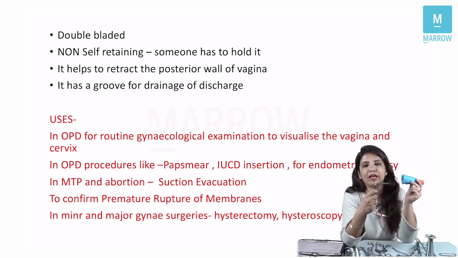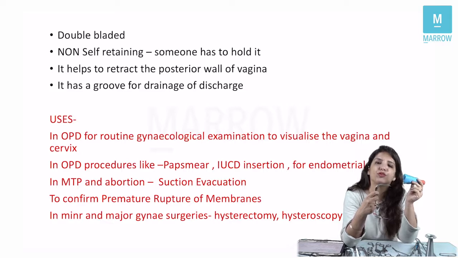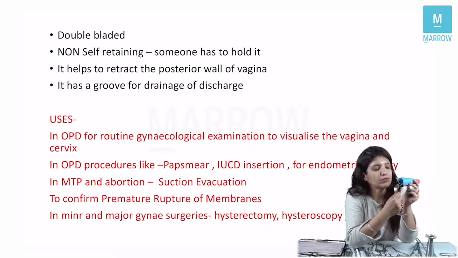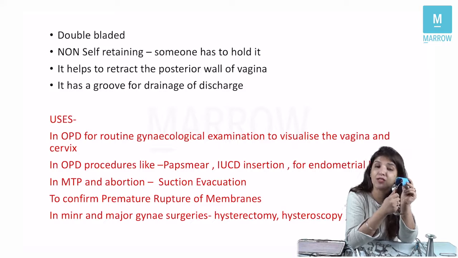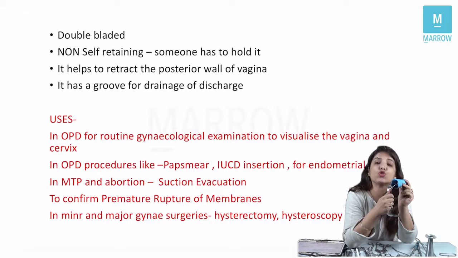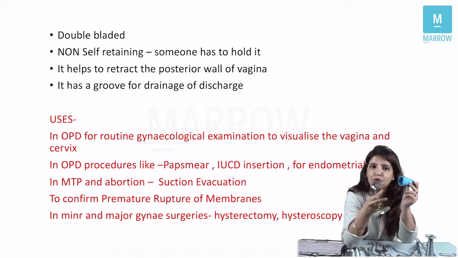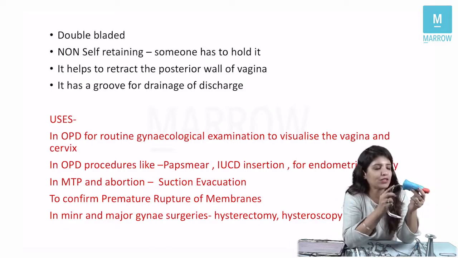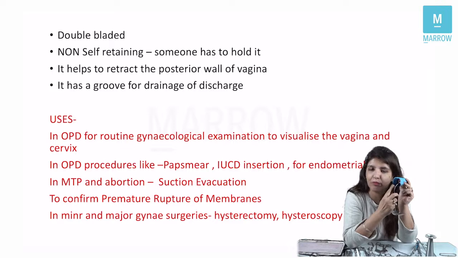Also, a Sims speculum can be used to identify the rupture of membranes, right? So, in suspected rupture of membranes, you can put the Sims speculum. If you're not sure whether the membranes have ruptured or not, because it is not a complete rupture, it is just some fluid coming out, not a gush of water, in that case, you can put the Sims speculum and ask the female to cough.